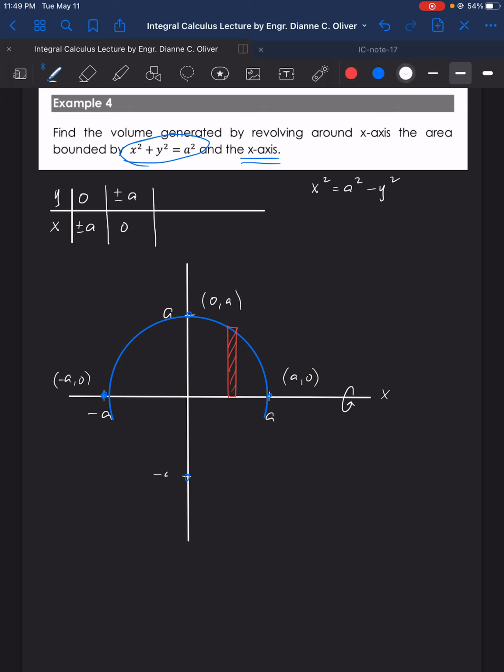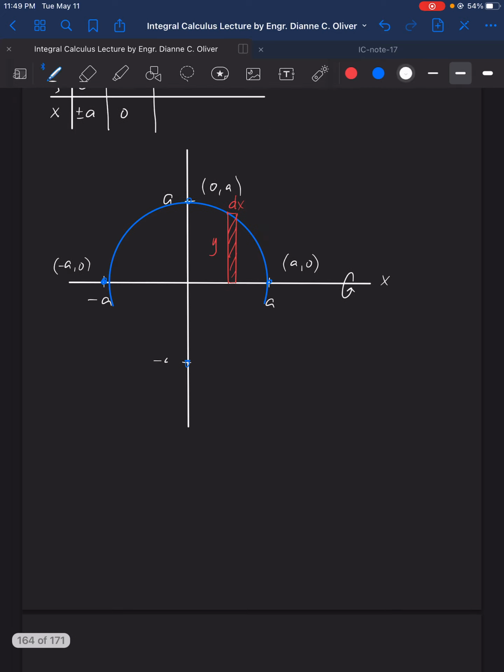So we have here y dx, and that is this method. Volume is equal to pi integral of y squared dx, from x1 to x2.